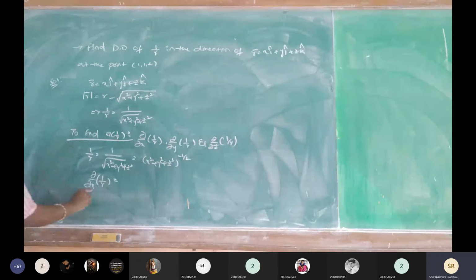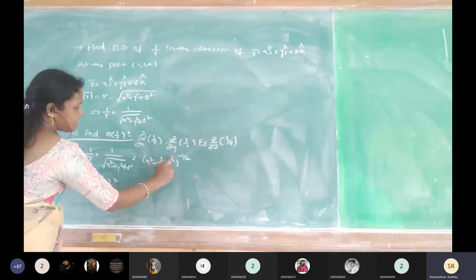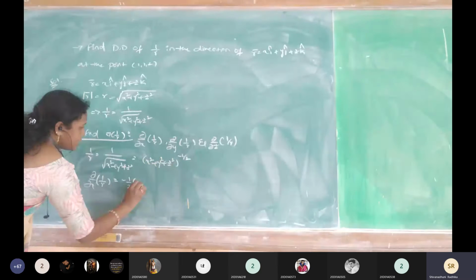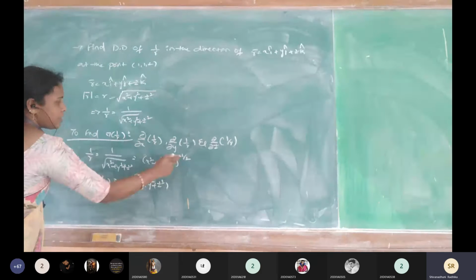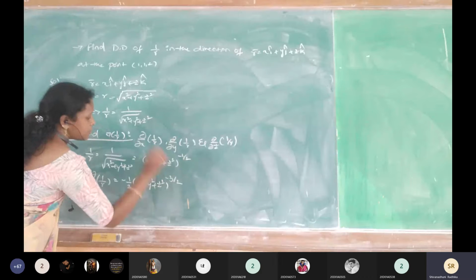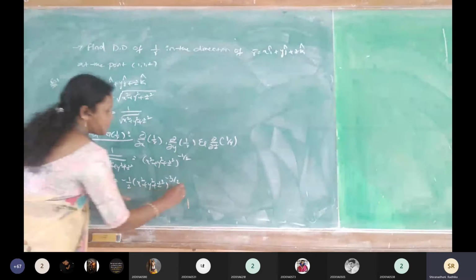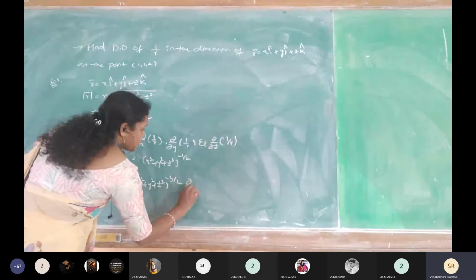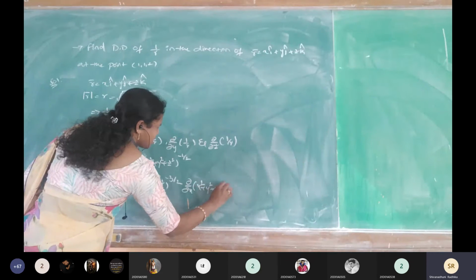In the place of x, we have x square plus y square plus z square. So minus 1 by 2 into x square plus y square plus z square to the power of minus 1 by 2 minus 1, that is minus 3 by 2. Again the derivative of the inner term. What is the inner term here? X square plus y square plus z square. Dou by dou x of x square plus y square plus z square.